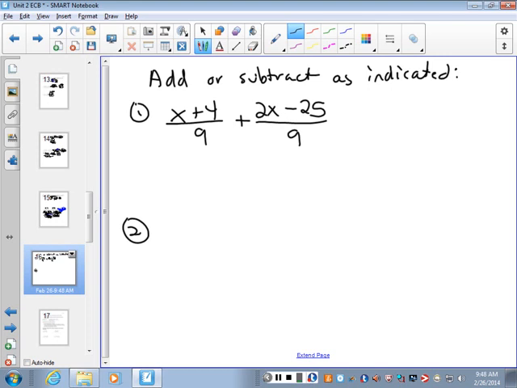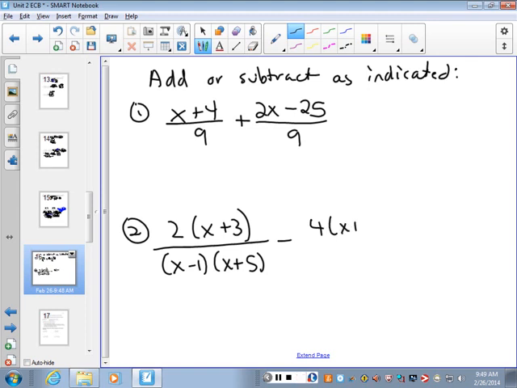And the second one, 2x plus... All right, go ahead and try those 2 problems.